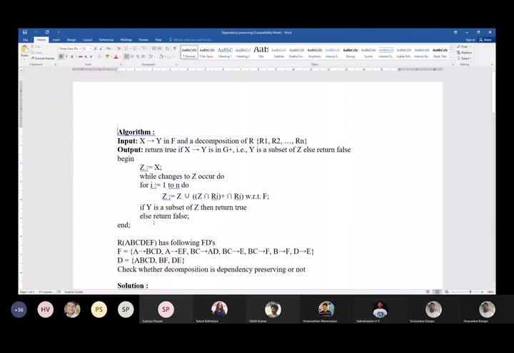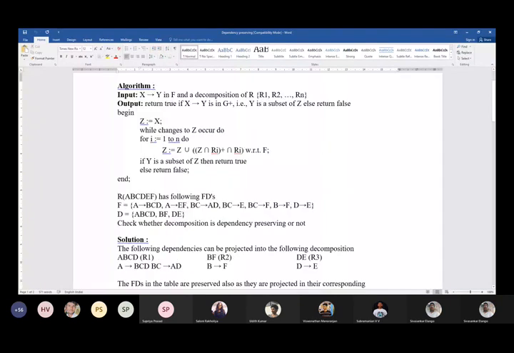The algorithm input is X determines Y in the functional dependencies, and the decomposition of R into fragments R1, R2 till Rn. It returns true if X determines Y is in G closure, that is, Y is a subset of Z, else it returns false, right? So here you need to know this formula: Z union, Z intersection Ri closure intersection Ri, right?